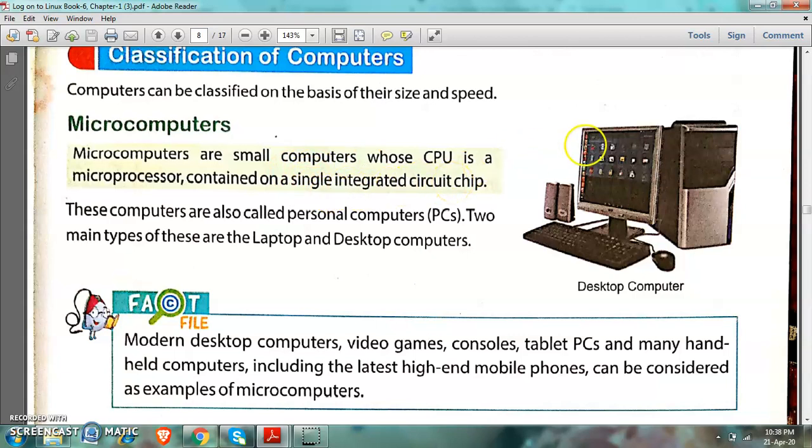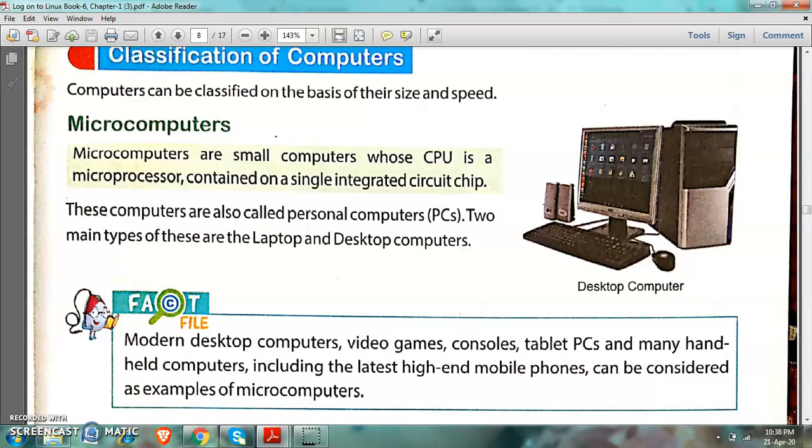See, this is a desktop computer, which is known as a microcomputer because it has a CPU, speakers, keyboard, mouse. All these peripheral devices are attached with it. So this is a microcomputer, and these computers are also known as personal computers.